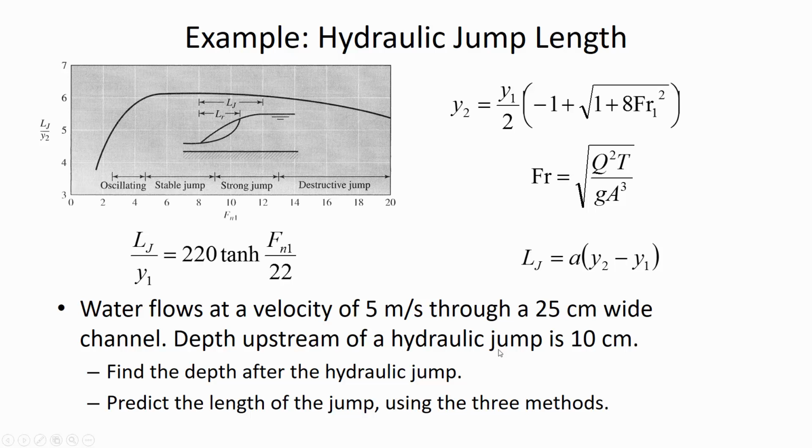And the depth upstream of the jump is 10 centimeters. So find the downstream depth of the hydraulic jump using the Bellinger momentum equation. And then based on these three methods, the Bureau of Reclamation, the Hager, and another, find out what is the predicted jump length for these conditions.